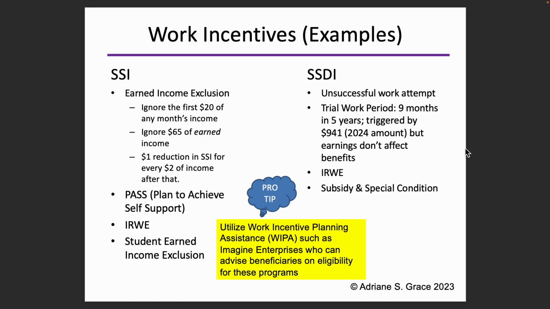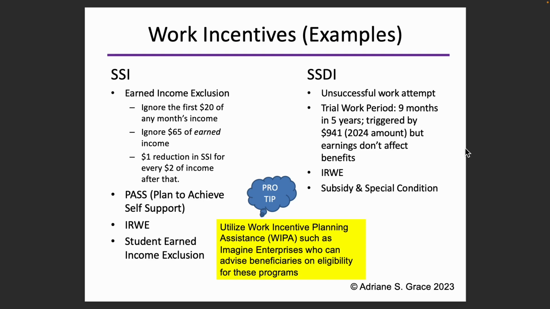Additionally, these are programs that came about, I just read the history on this, in the 90s, and I'm finding parents know very little about these rules right here. So basically, once your child gets on benefits, you'll get letters from Social Security. I think parents must be ignoring them that talk about work programs that your child can participate in.